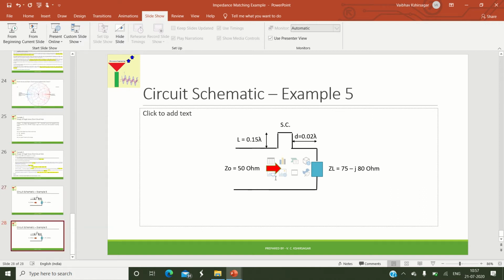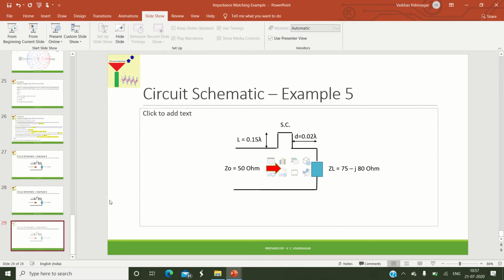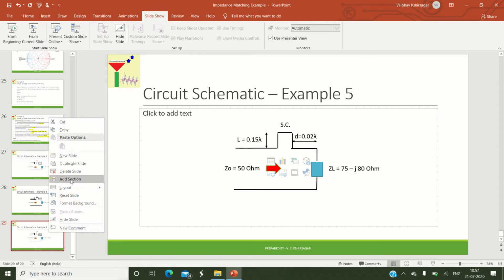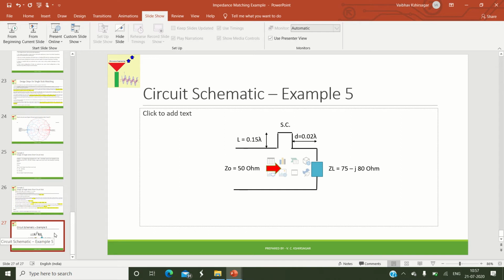I'll duplicate the slide and delete this slide, because I want to start with a new slide.